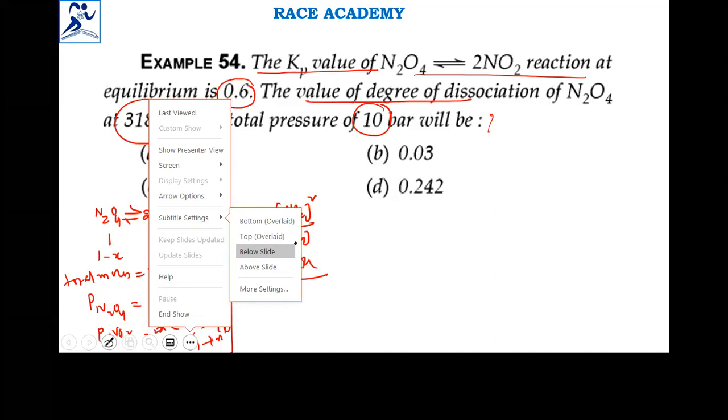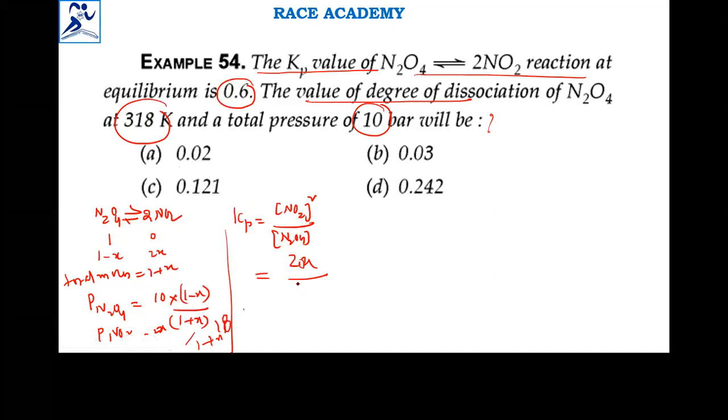That is, Kp equals 2x by 1 plus x, whole squared, divided by 10 into 1 minus x by 1 plus x.